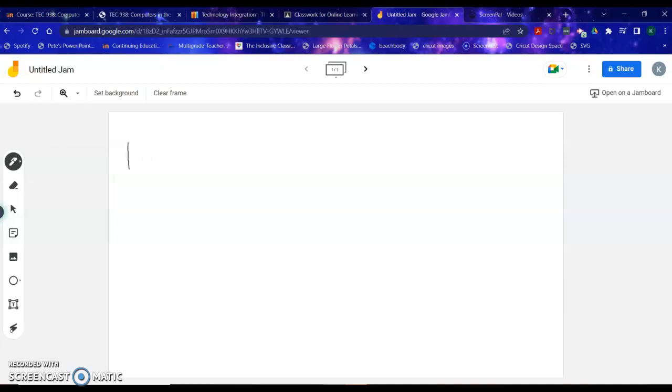So for number 12, I'm going to do a text box here, and it's going to be 8 times W is less than or equal to 72. We'll draw a little tiny line underneath it here.